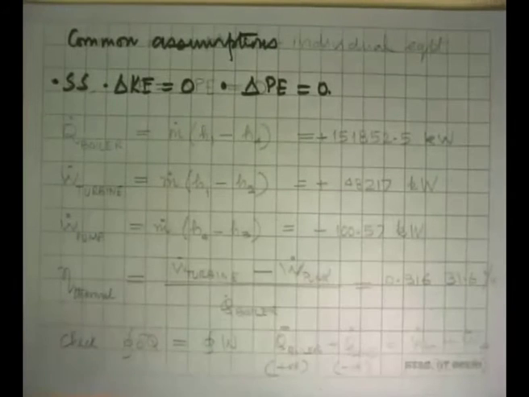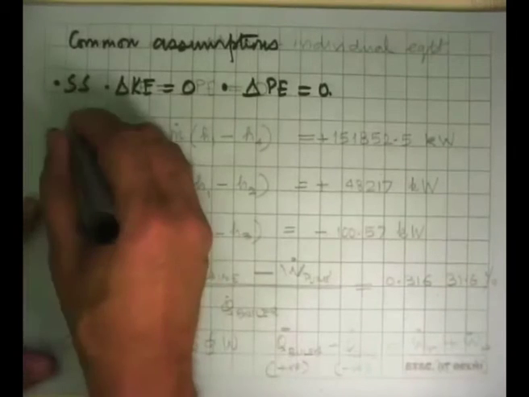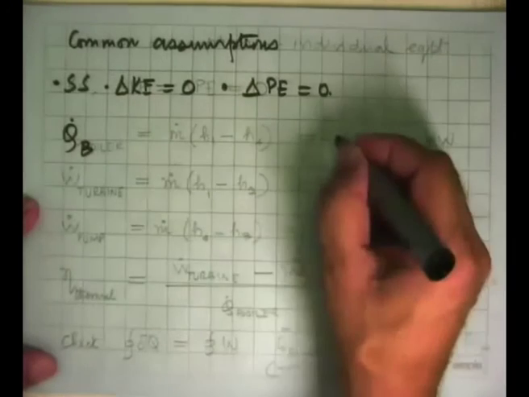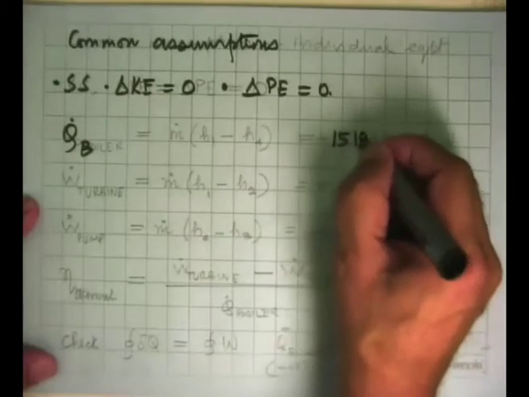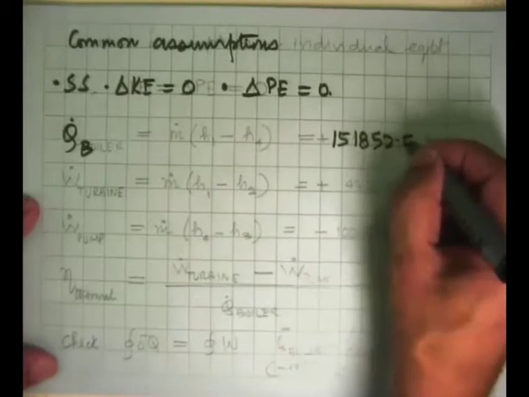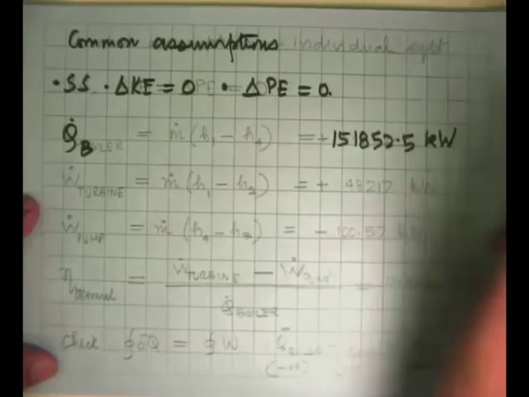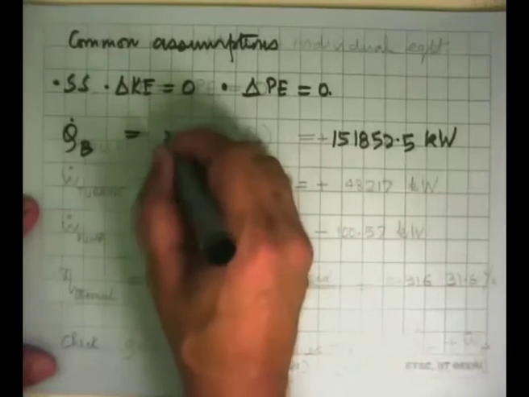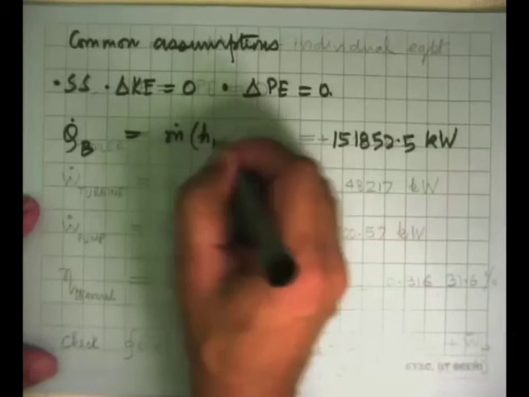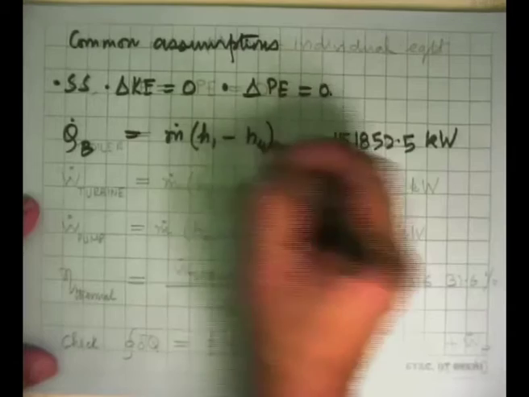Every equipment has one inflow and outflow, so the mass flow rates are the same, and then we can calculate Q dot in the boiler. This turns out to be 151,852.5 kilowatts. And the way we do that is m dot times H1 minus H4.